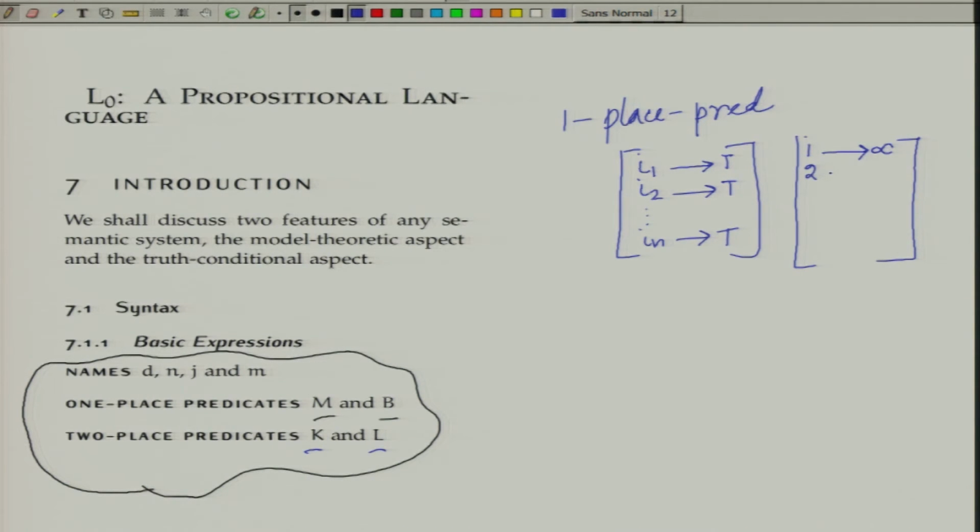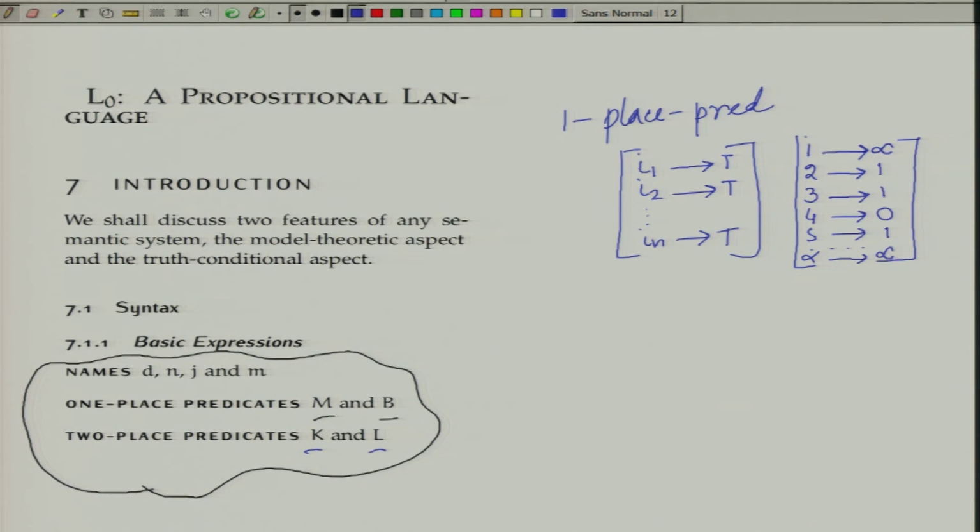Let us take 2, 2 is definitely a prime number. Let us take 3, it is definitely a prime number. Let us take 4, it is not. 5, once again a prime number, and we come to say infinity, once again it is undefined. I do not know whether infinity is a prime number or not.